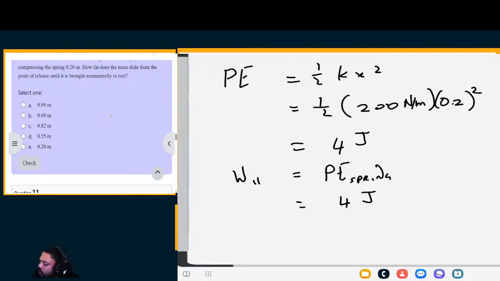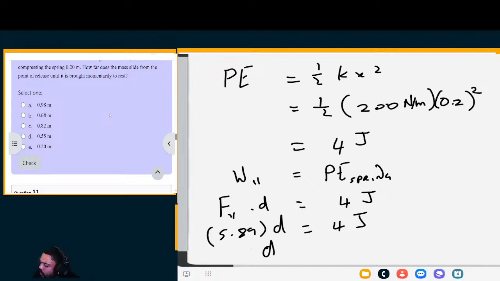Now, what is the work done by the parallel force? That's just the parallel force times the distance, and we've worked out the parallel force as 5.89 times this distance which we want. We have 4 joules.